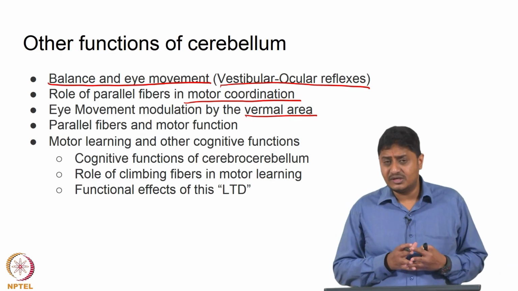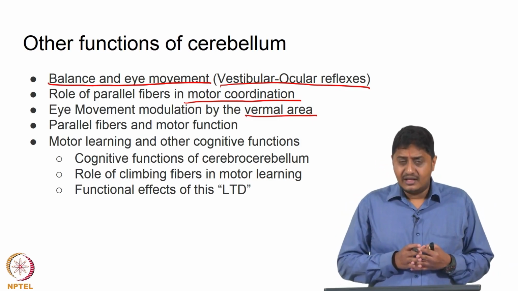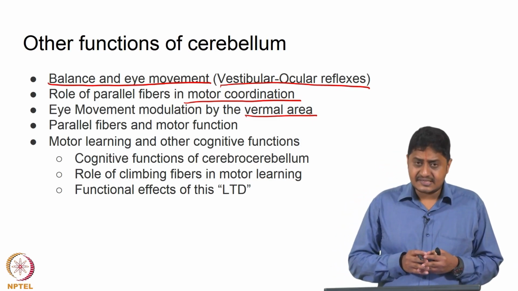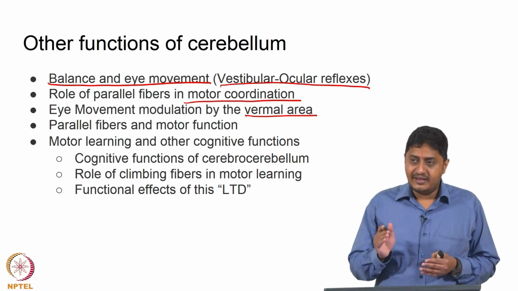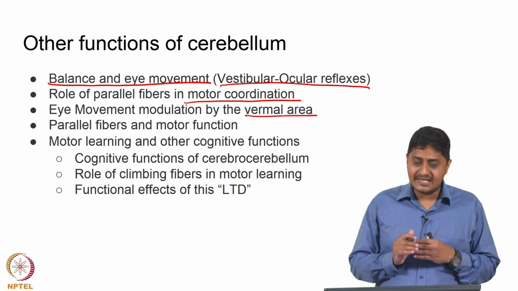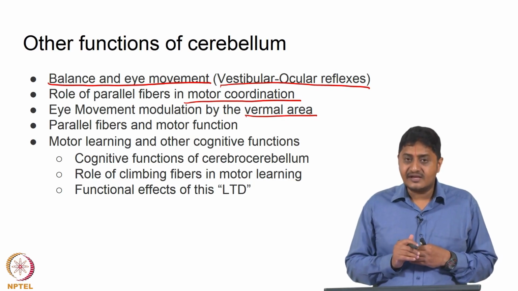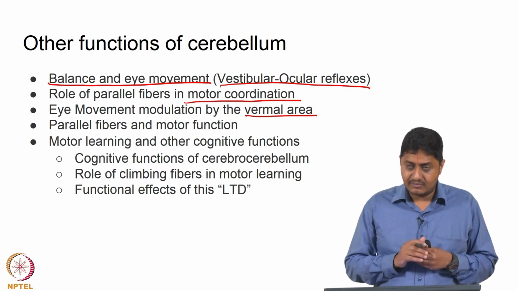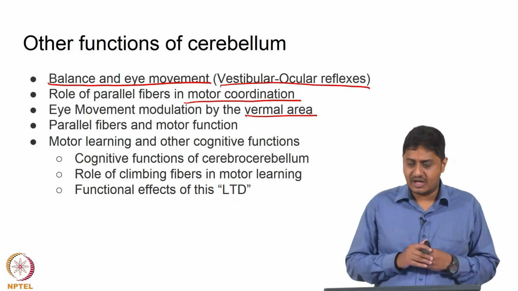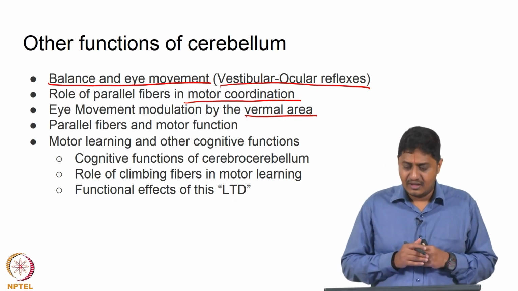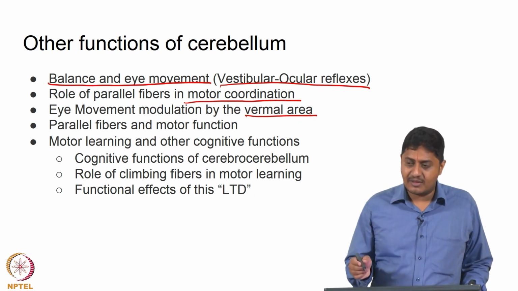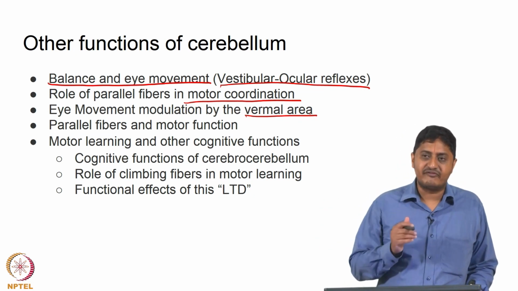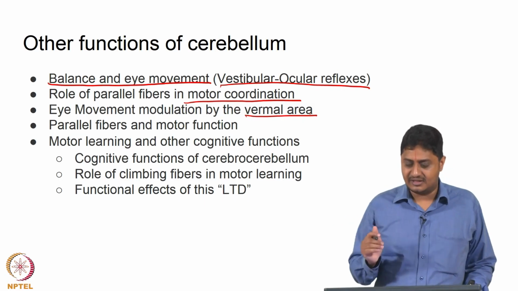What we said about motor learning was that the climbing fiber acts as a teaching or instructing signal by simultaneously activating the Purkinje cell along with an error. So, whenever an error is happening, a set of parallel fibers are firing at that time.